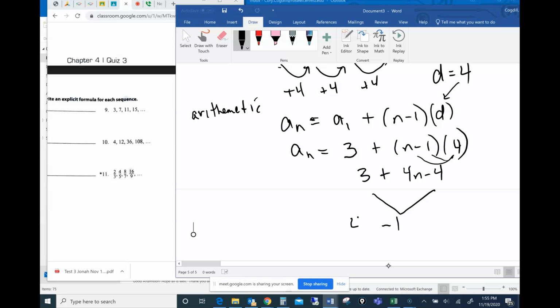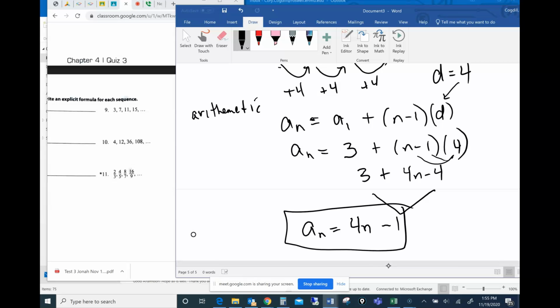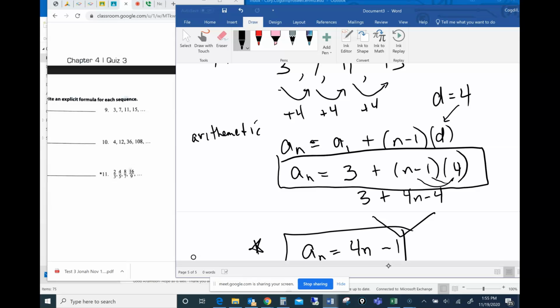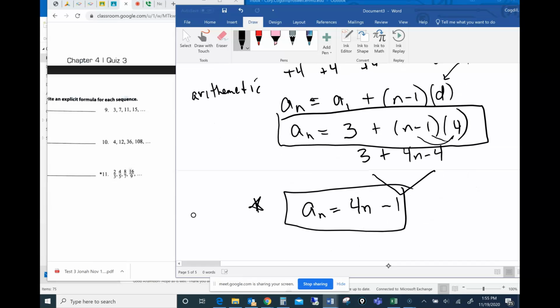So we're going to get 4n minus 1. So either one of these answers would have worked. That would have been a good answer. If you would have left it like this, I would have taken either one. But this bottom one here with the star on it is preferred.